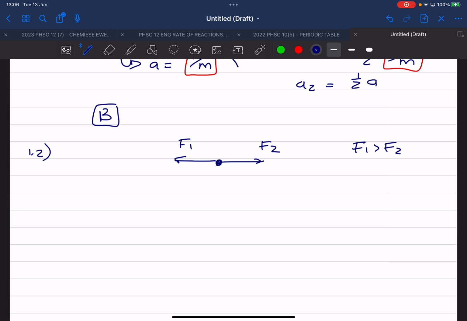Okay, now, because these two are not equal to one another, hulle is nie gelyk aan mekaar nie. Die een is groter as die ander een. So, if this one is bigger than that one, then it means it will move to the left. Okay, we do not have F net is equal to 0, want hulle kanselleer nie uit nie. We actually have F net is equal to m times A, there's acceleration. En watter rigting is die versnelling?